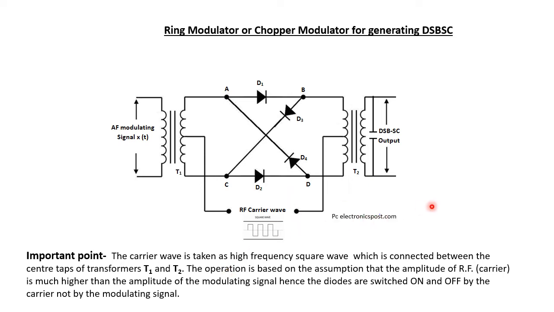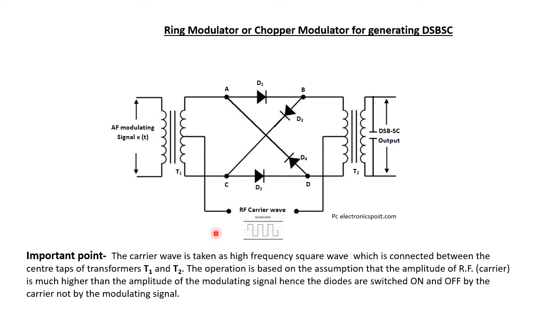Now, the main important point in the discussion of the ring modulator is that the amplitude of this RF carrier wave is taken to be much higher than the amplitude of the modulating signal. About the frequency, we know that the frequency of the carrier wave is naturally much higher than the frequency of the modulating signal, but we have to ensure that the amplitude of the RF carrier signal is much larger than the amplitude of the modulating signal.